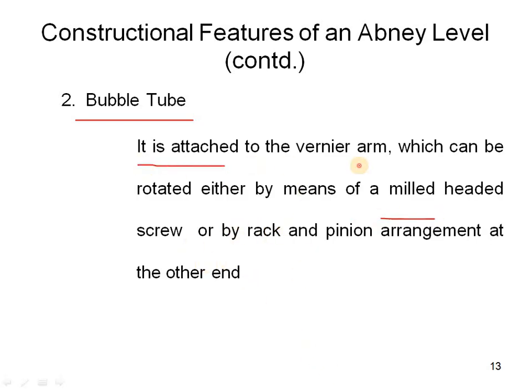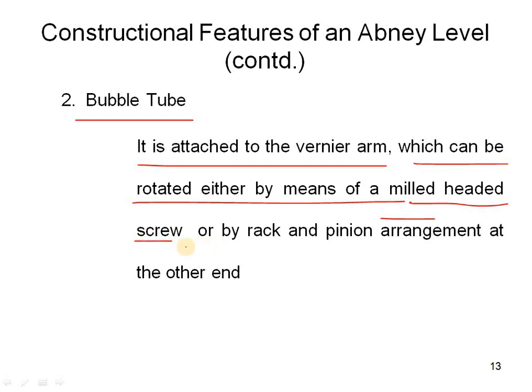It is attached to the vernier arm, which can be rotated either by means of a milled headed screw or by a rack and pinion arrangement at the other end. So when we rotate the milled headed screw, this bubble tube will be moving.